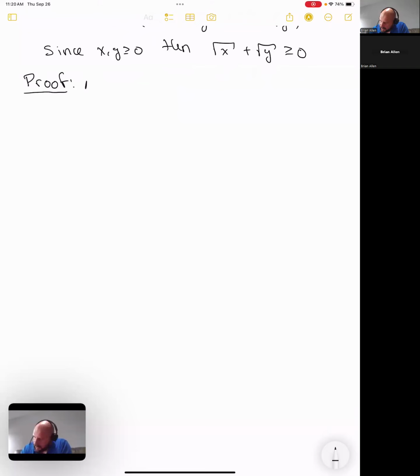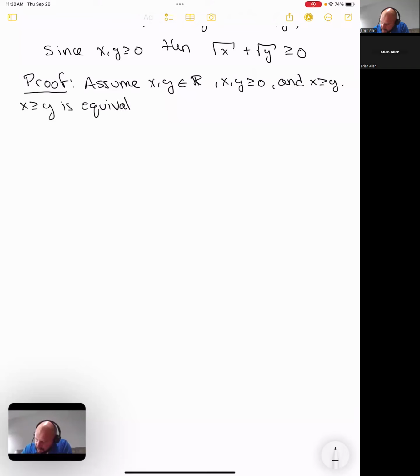So assume x and y are real numbers. x, y is bigger than 0, and x is bigger than y. Okay, x being bigger than y is equivalent to x minus y being bigger than 0.